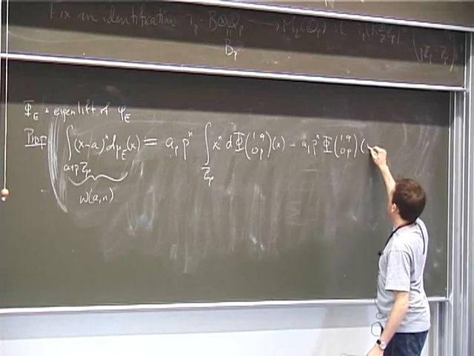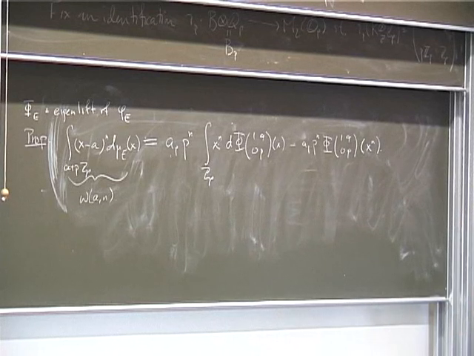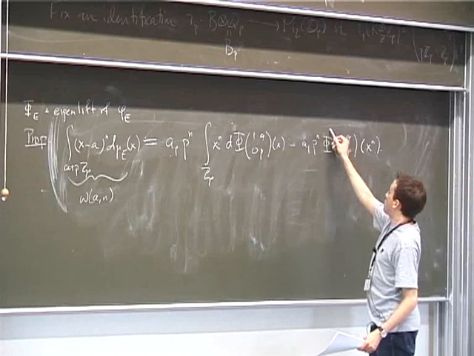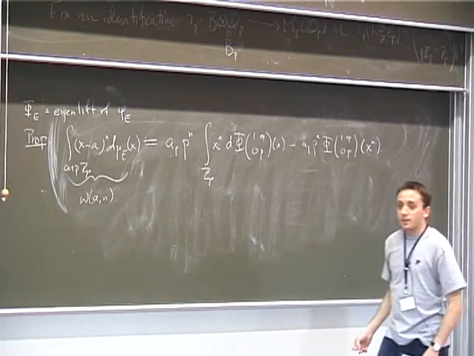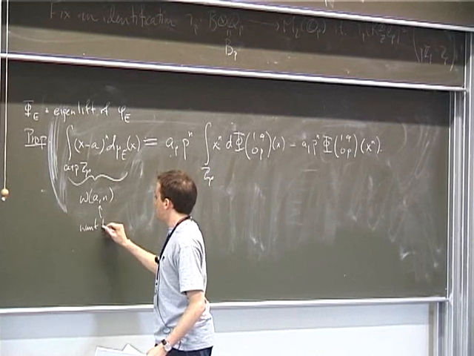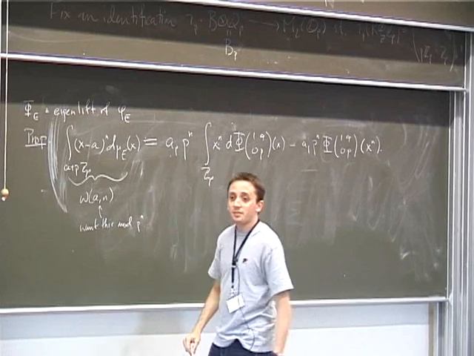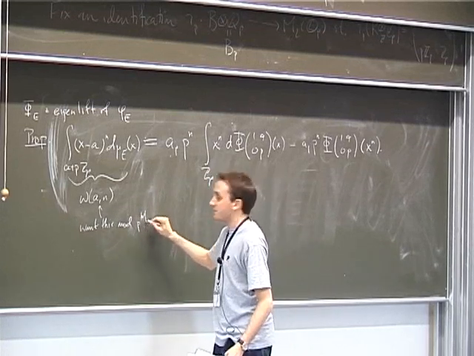This is a measure, and you evaluate this on the function x to the n. All right. So somehow this form contains everything we need. And note that we wanted this mod p to the n, mod p to the m.